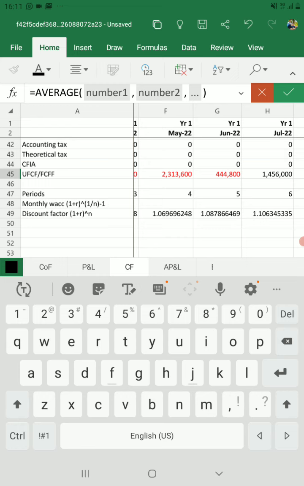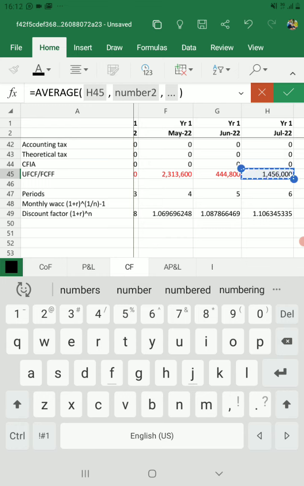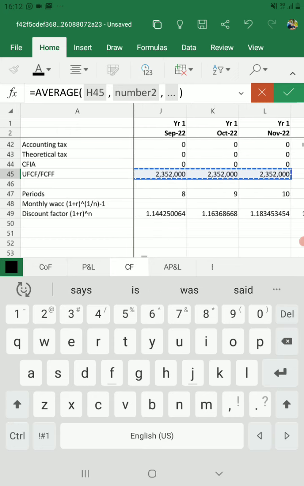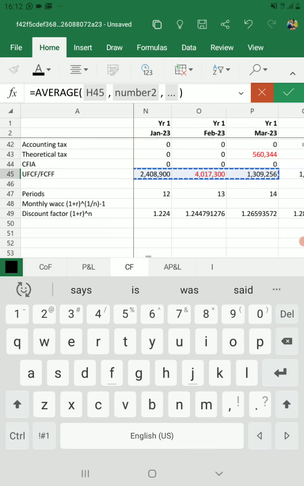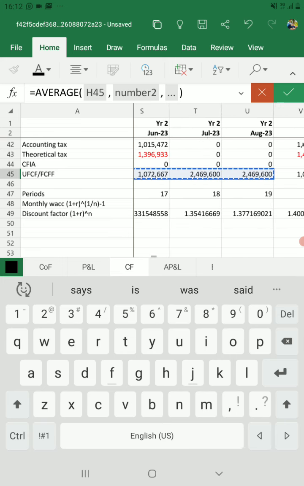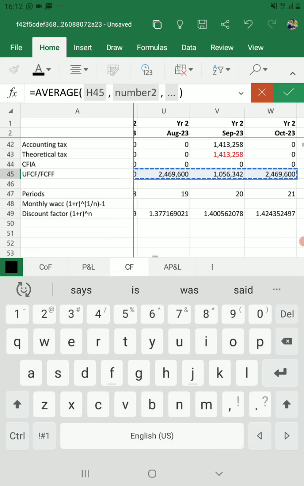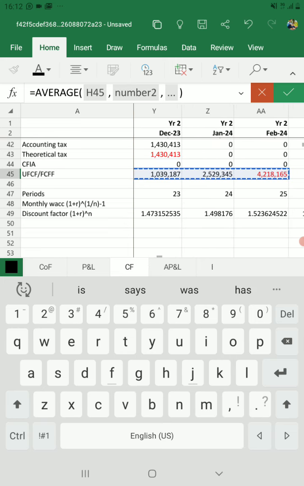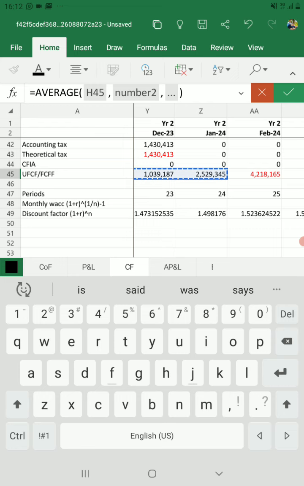So the average will start to be picked from here, and this one we will take up to, so let me drag this to cover up to, this one is also an outlier.